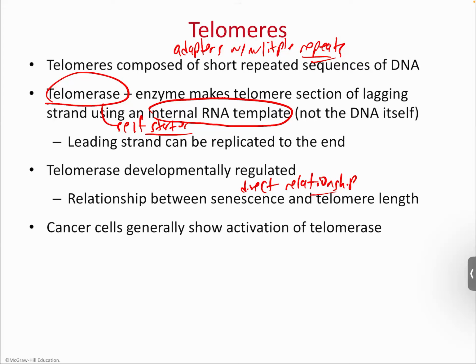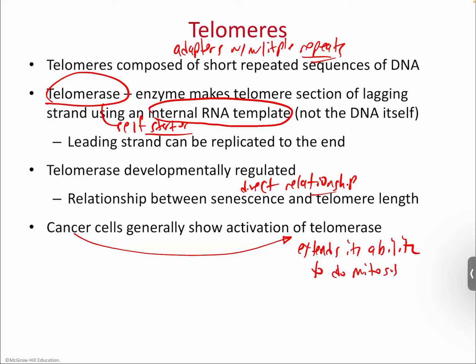So the common strategy for cancer cells to do is to activate telomerase. What does this do? This extends its ability to do mitosis. We call this immortality.